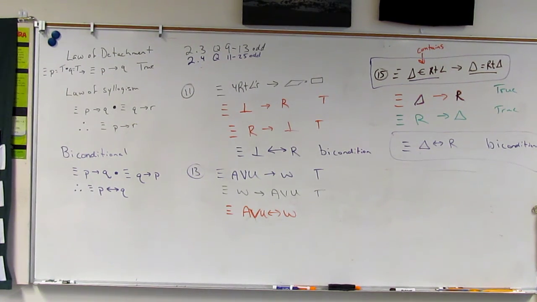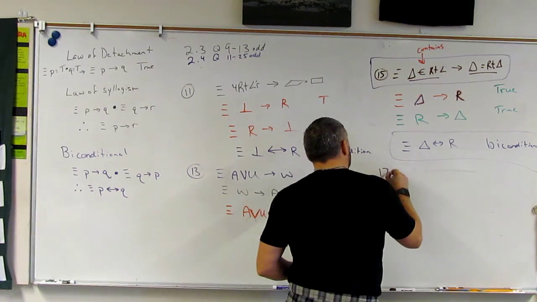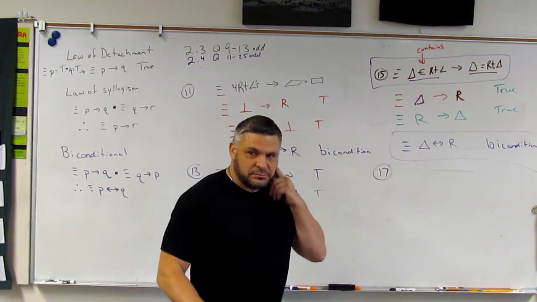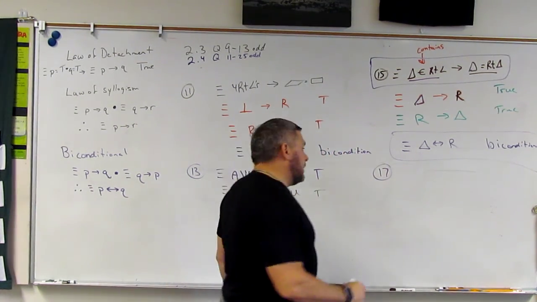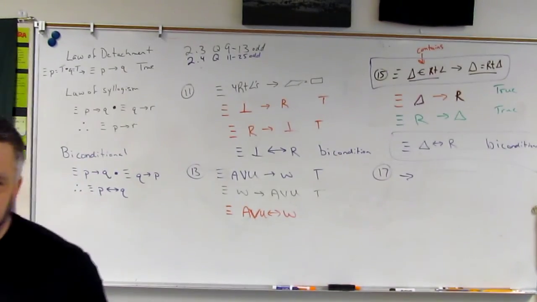Alright, next. That was 15. Let's go to 17. The number 2n is even if and only if n is an integer. Is that true? It's giving you the then first, right?